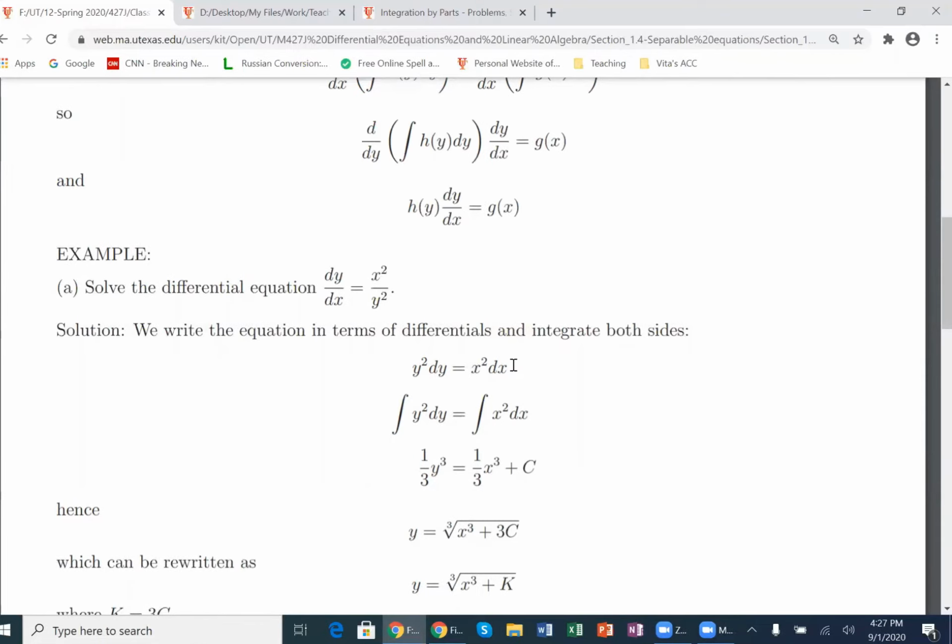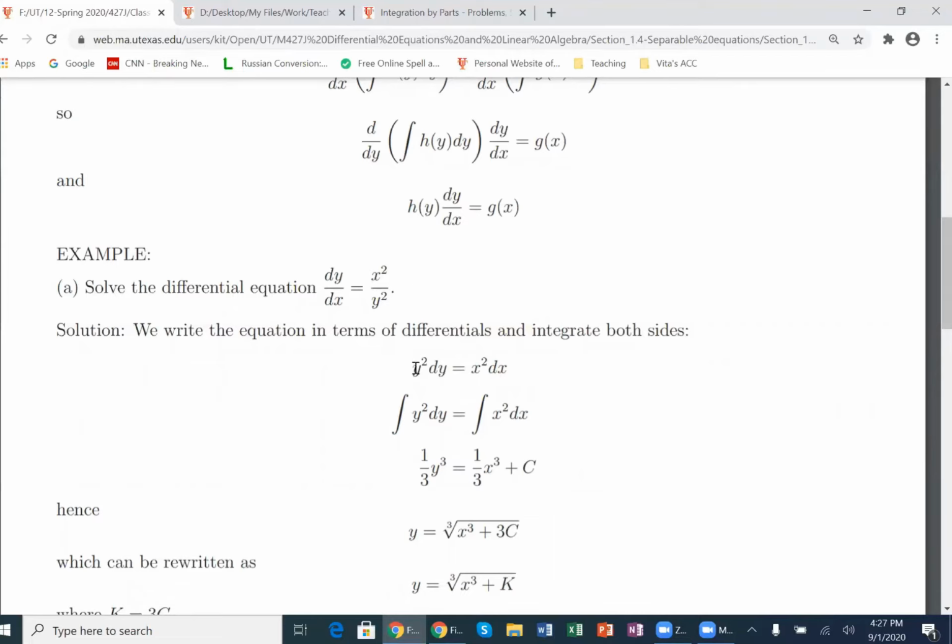Equations where we can separate the variables are called separable equations. Not every equation is separable. For example, if instead of x squared or y squared we have, say, x squared plus y squared, this equation is not separable.